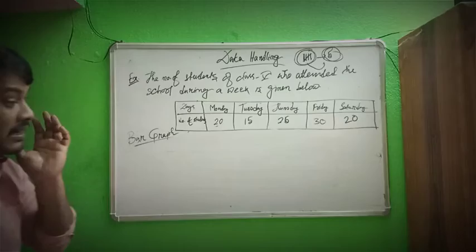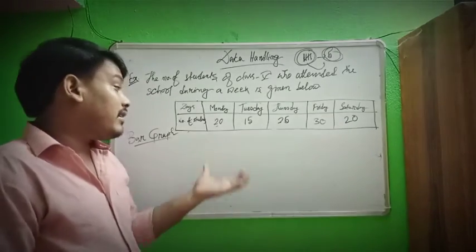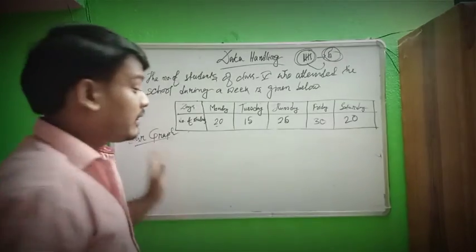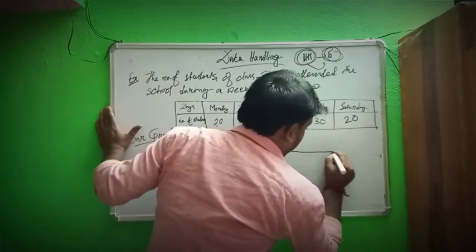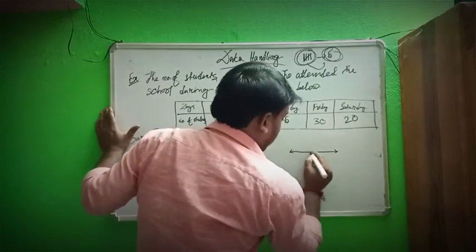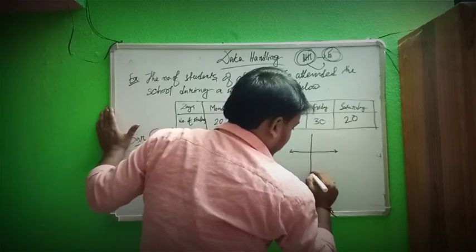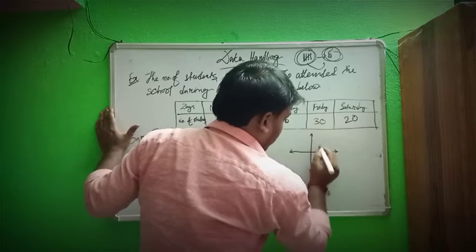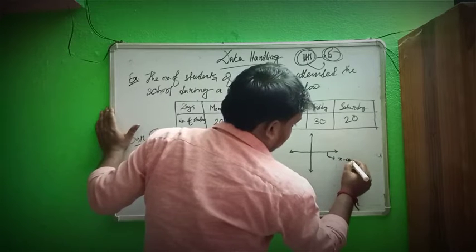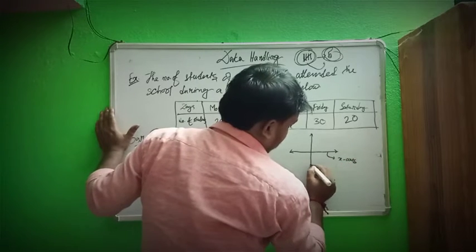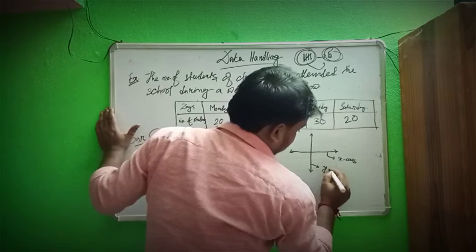To represent a bar graph, we need two axes, two perpendicular axes. If we draw two perpendicular lines, this line is called the x axis, and this line is called the y axis.